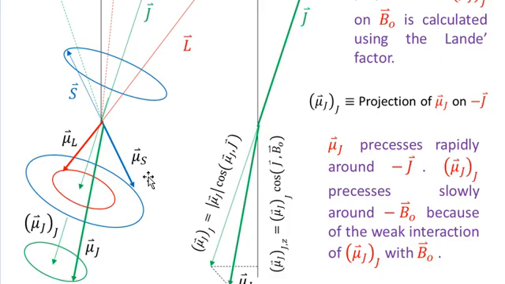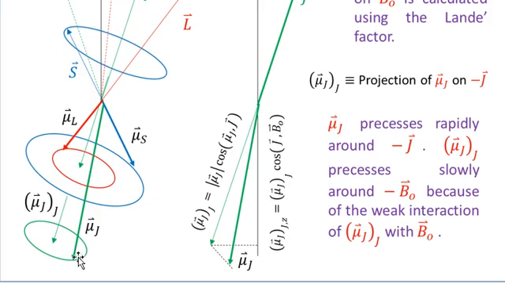Like the case in which mu s is exactly anti-parallel to capital S and mu L is exactly anti-parallel to capital L, in that sense, mu j is oppositely directed, but it is not anti-parallel to j; it is slightly shifted at some angle. So the tip of the vector mu j, which is the total magnetic moment of the atom, also carries out a precessional motion in the form of a green loop. And this loop is again centered about this vector, which is mu jj.